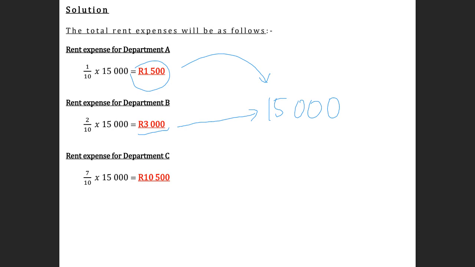And Department C, because it takes up the most space, is going to pay for 10,500 Rand worth of the rent of 15,000 Rand. Any questions here in terms of how we will be using these ratios?